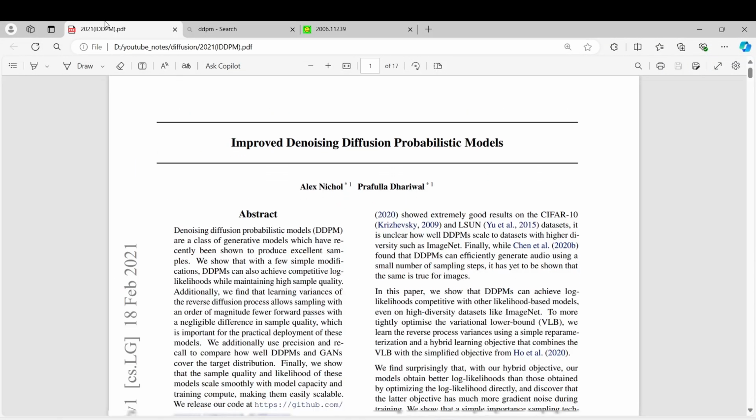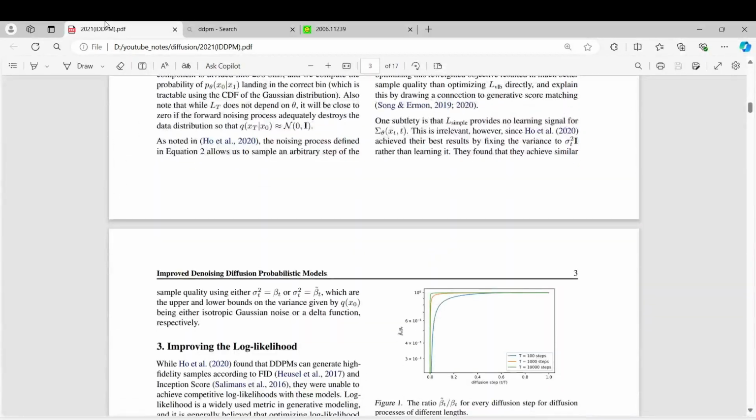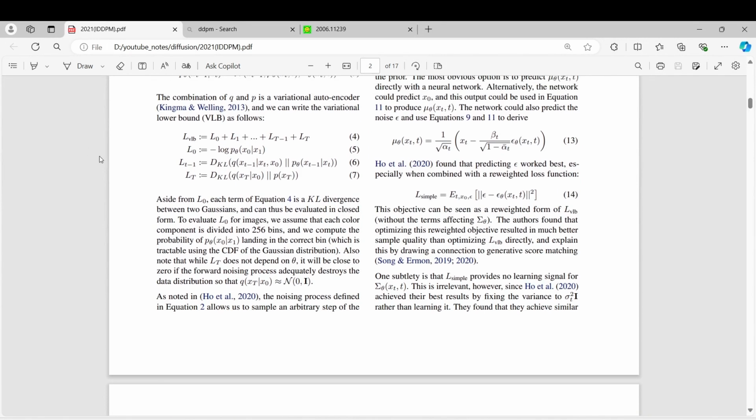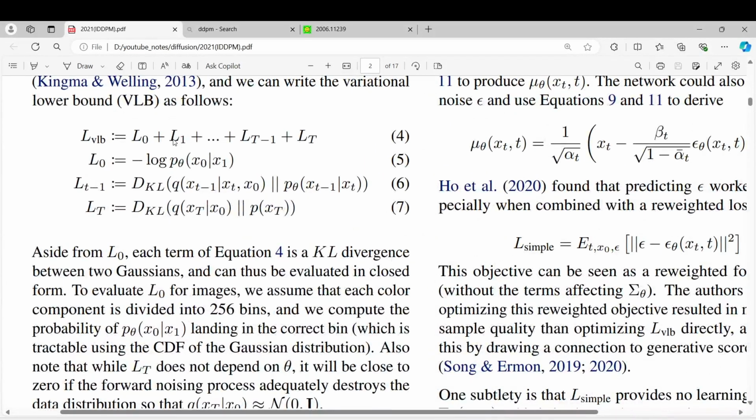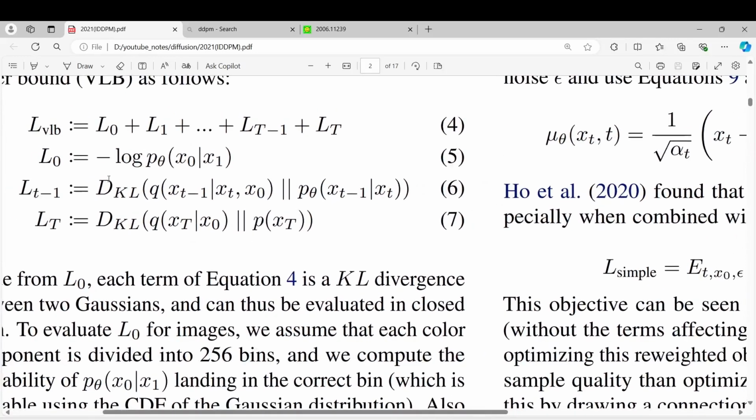This is the L_VLB term, the whole of this is L_VLB.